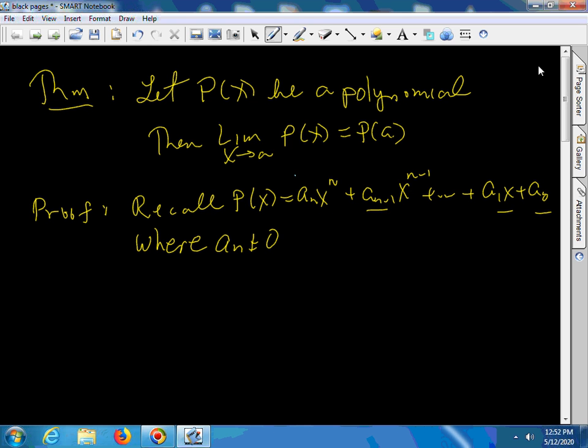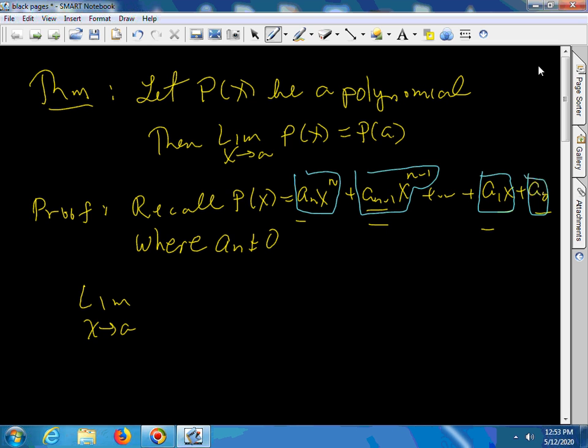Now, each and every one of these terms is also a polynomial, but since there's one term, we call them monomials. And I am going to prove that the limit as x goes to a of any one of these arbitrary monomials, which I'll call a j x to the j, is just direct substitution.